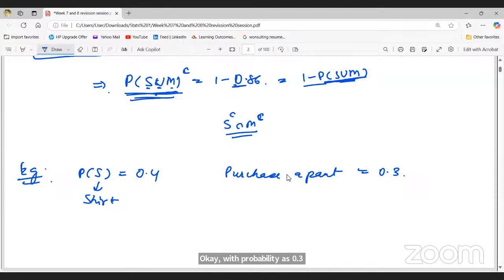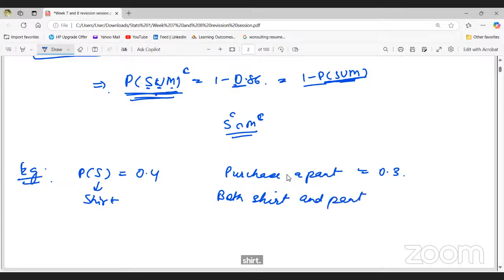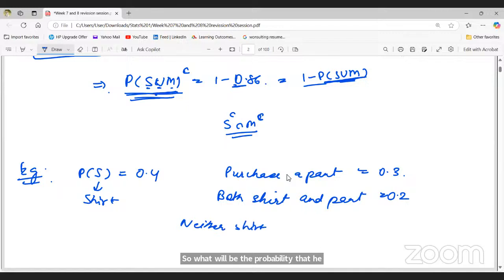Then he will purchase both a shirt and a pant with probability 0.2. So what will be the probability that he purchases neither a shirt nor a pant?